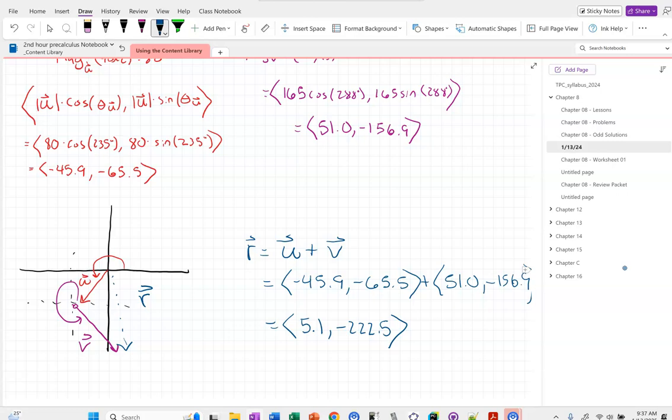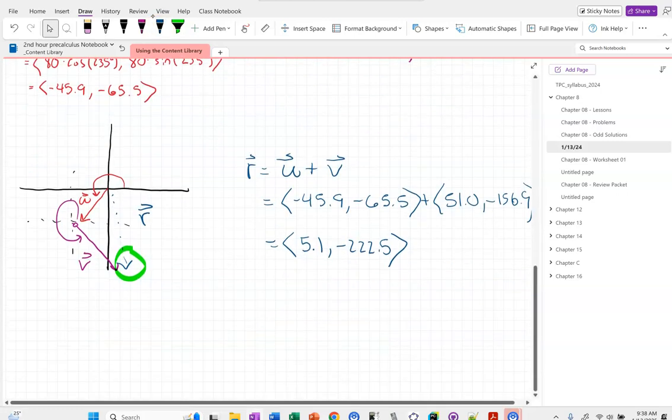So far, so good. And that should make sense to the picture I've drawn, right? I have an answer in the fourth quadrant that's just barely crossing the y-axis, but way far down there. So that looks exactly like what I drew in my picture, so I feel pretty good about what I've done so far.